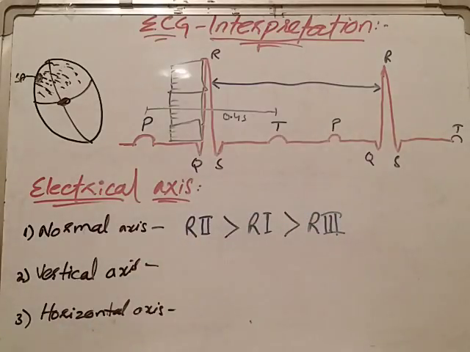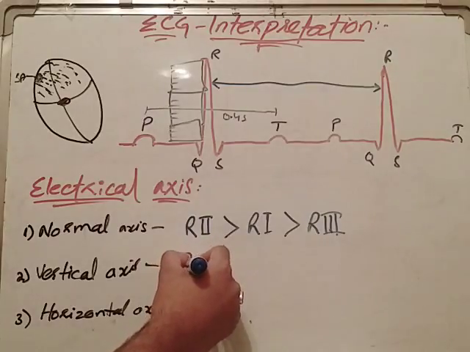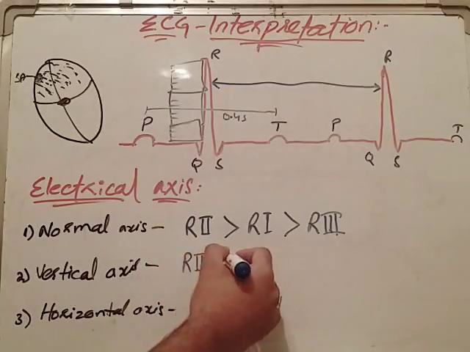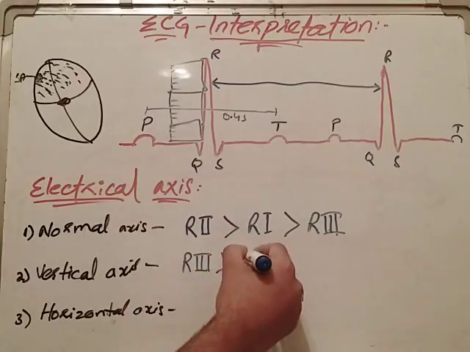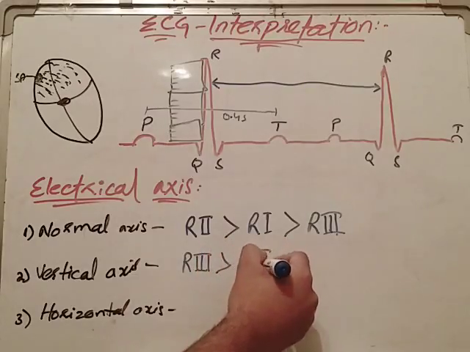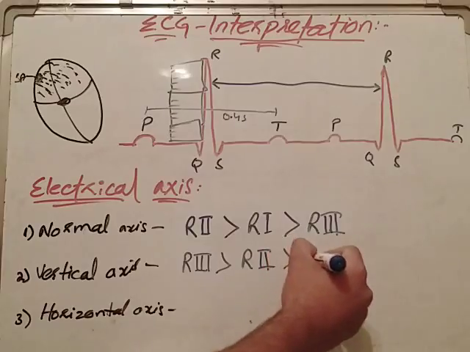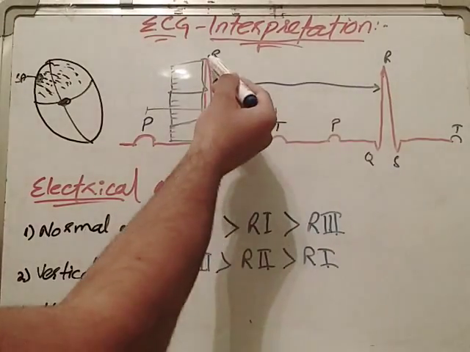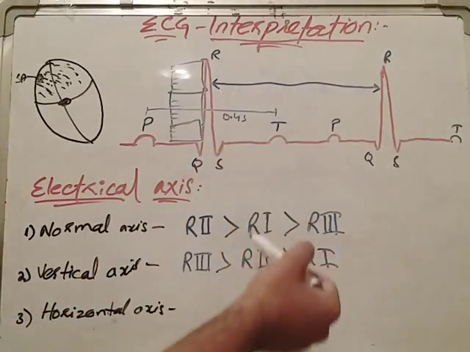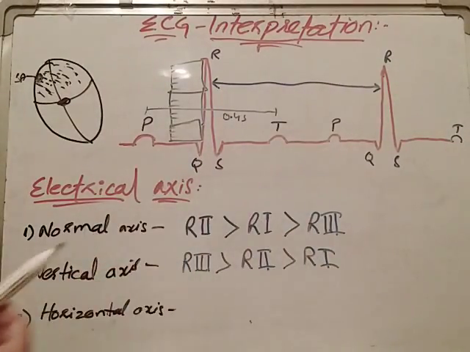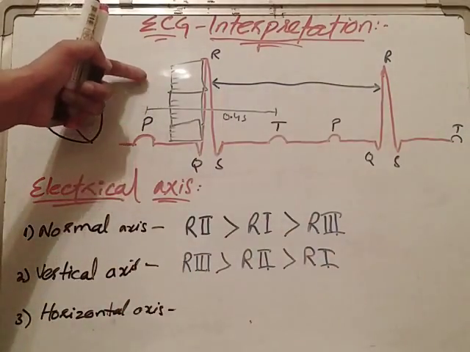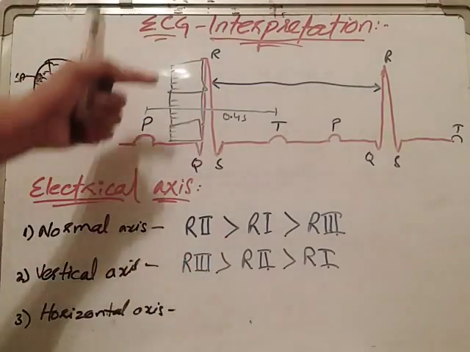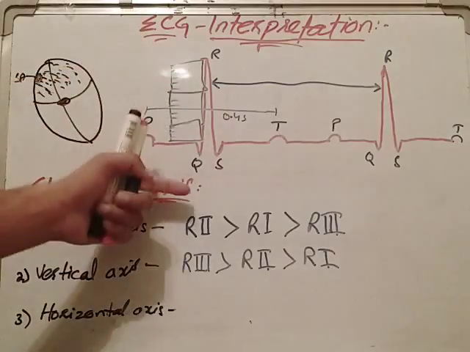But in the vertical axis, R3 will be greater than R2, and R2 will be greater than R1. R is nothing but the R wave, because we have different electrodes. So R1, R2, R3 in the electrocardiograph.